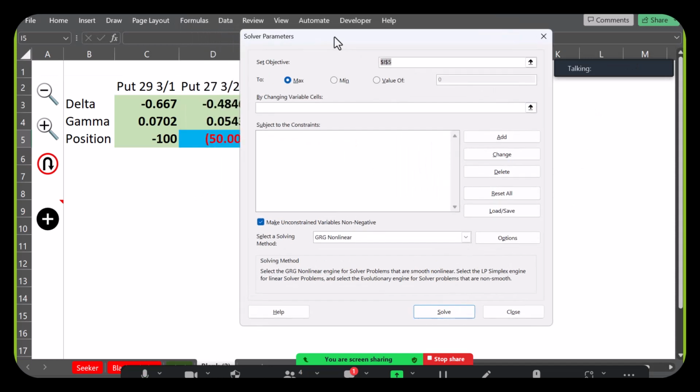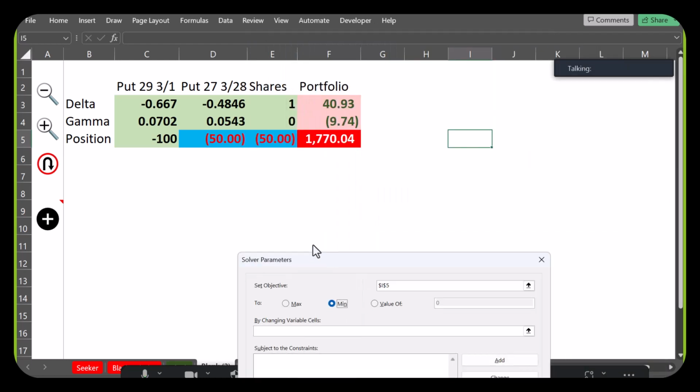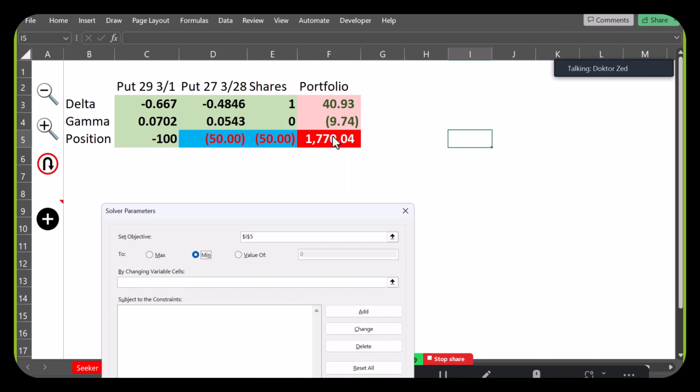This is a tool that allows you to either minimize an objective function, maximize an objective function, or make it equal to a certain value by changing certain cells, and you may even have restrictions on those. So I want to minimize this cell, okay?